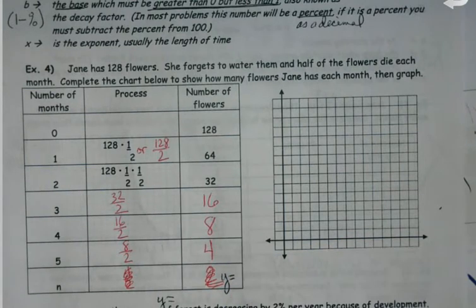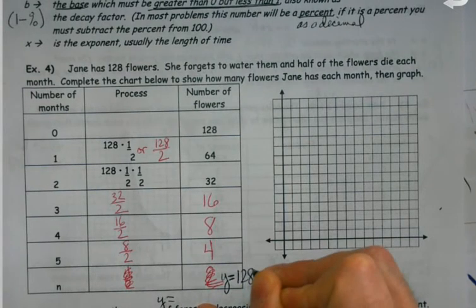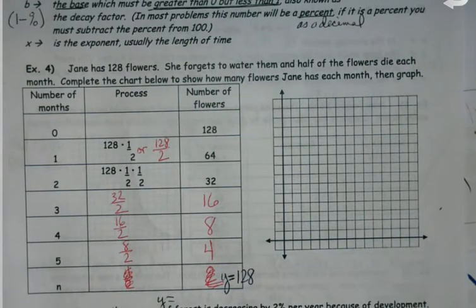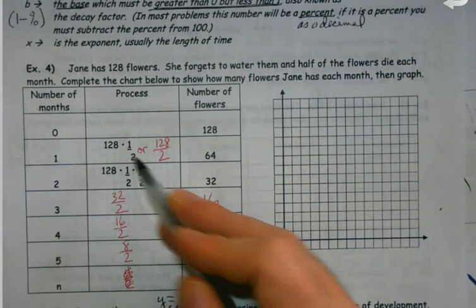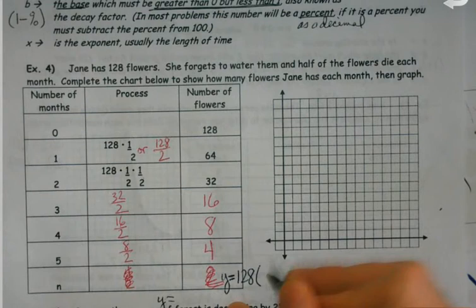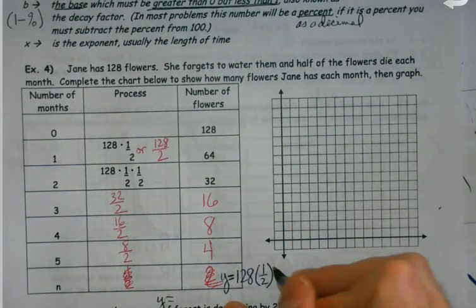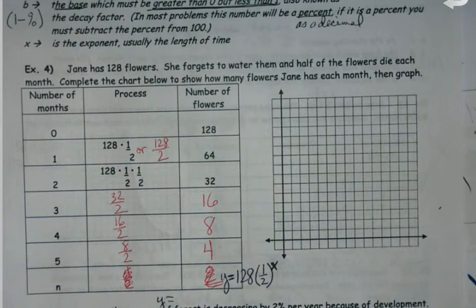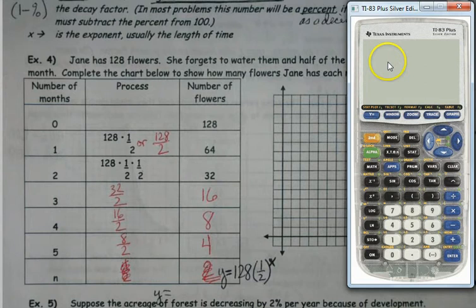Okay, what was my starting amount? How many flowers did we start with? 128. Okay. So now, this time my decay factor, I kept going by a half, because the factor always has to do with multiplying. So it'd be times a half, to the x.